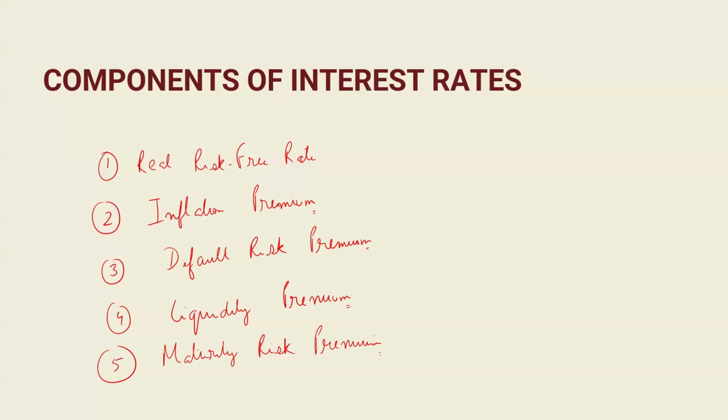We'll actually mathematically define some parameters like duration for fixed income securities, where we'll see that the longer the maturity of the fixed income instrument, the higher the duration is. Because of that, it has higher sensitivity to changes in interest rates, which means that long term instruments are riskier as compared to short term instruments. So, investors will demand this maturity risk premium to bear that uncertainty.